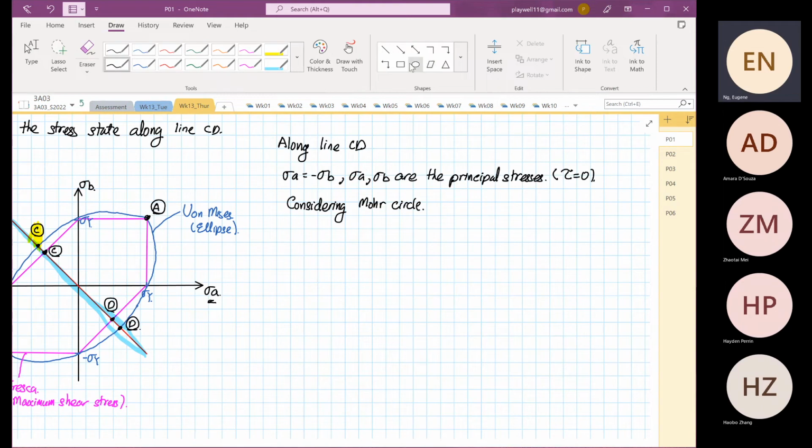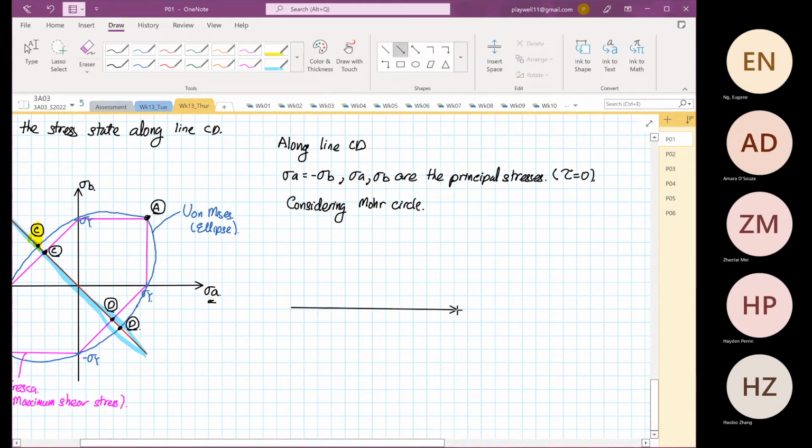Now we're going to construct Mohr's circle. This is our normal stress, this is shear stress, element rotate clockwise, anti-clockwise.